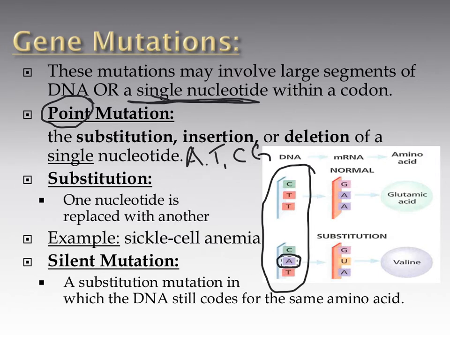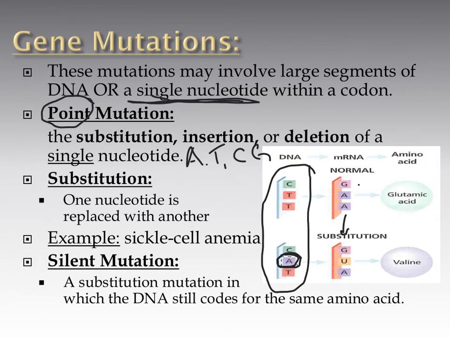In the mRNA, you're supposed to have GAA, which codes for glutamic acid. If you change that first T to an A, now your mRNA during transcription is going to read GUA, which is going to code for valine. So you've changed one amino acid in the sequence.